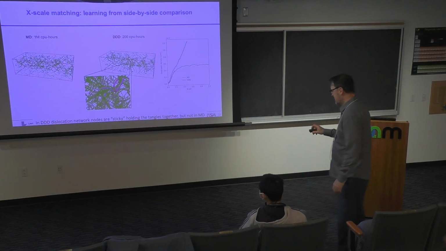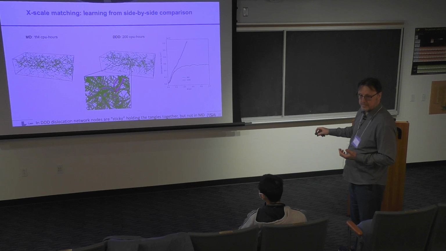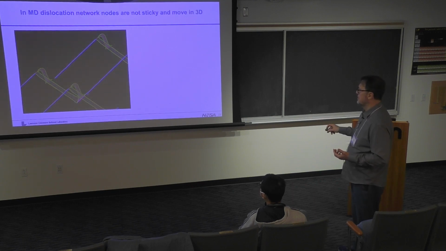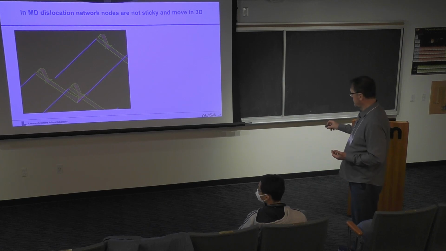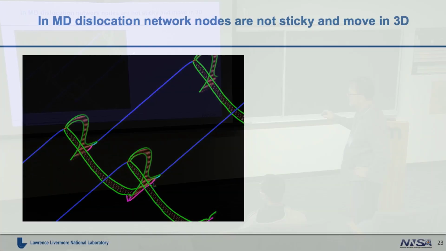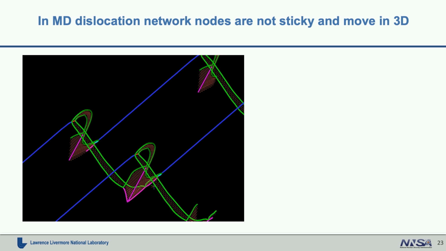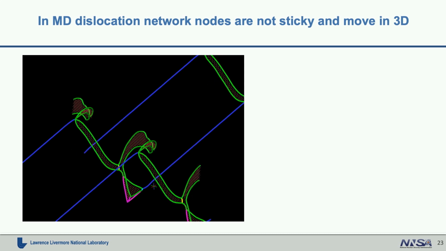So basically, that's what we found out: what the difference maker between MD and DD is. This is a simulation that shows that what should be a sticky node in classical dislocation theory, and this is the node you should be looking at, should be moving along this blue line, but in fact it finds a way to move in 3 dimensions, okay?